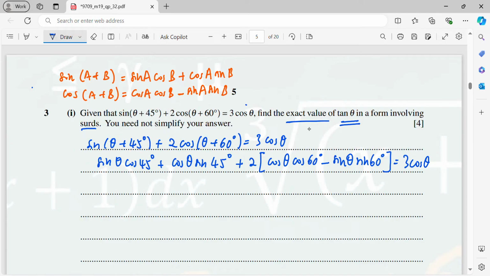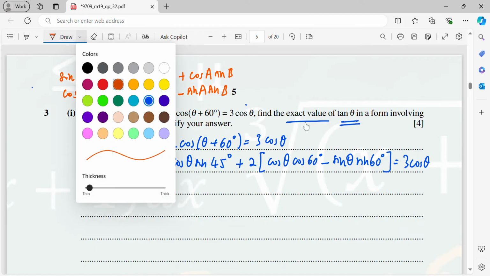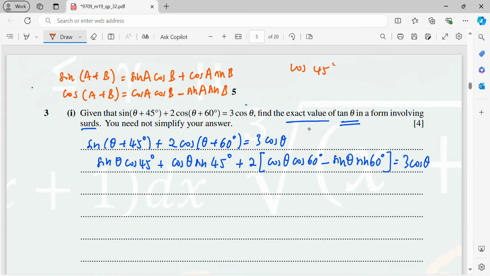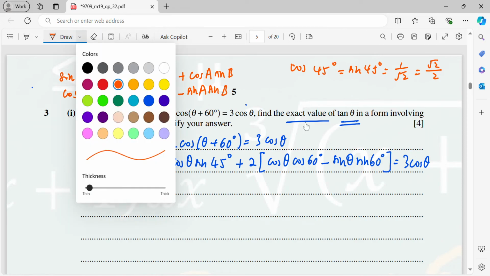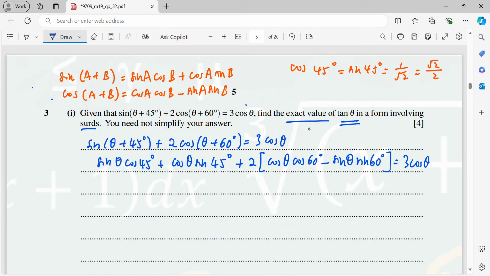Now, cos 45 degrees, right, is basically, you can write 1 over square root 2. Cos 45 same as sine 45 equals to 1 over square root 2, or you can just write square root 2 over 2. It's up to you. Okay, then now from here I will just write square root 2 over 2.